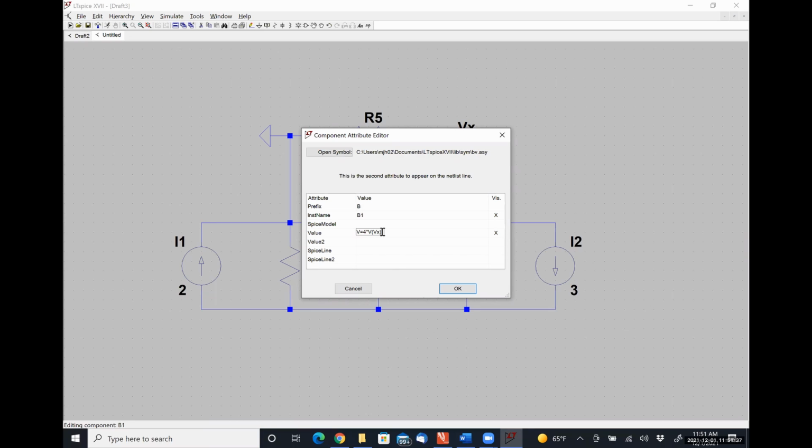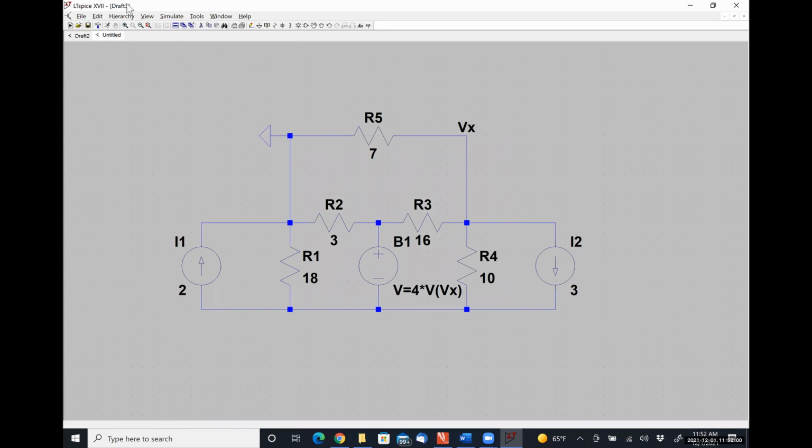And so it's actually interpreting this text signature here as me labeling a node. And so I'm saying the voltage that's being output by this dependent source is 4 times the voltage at node Vx. So I press OK. And now we are ready to simulate.